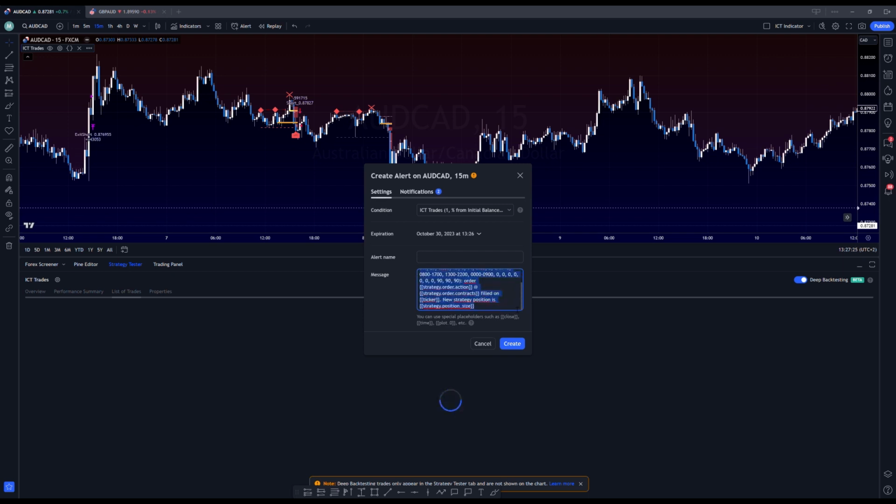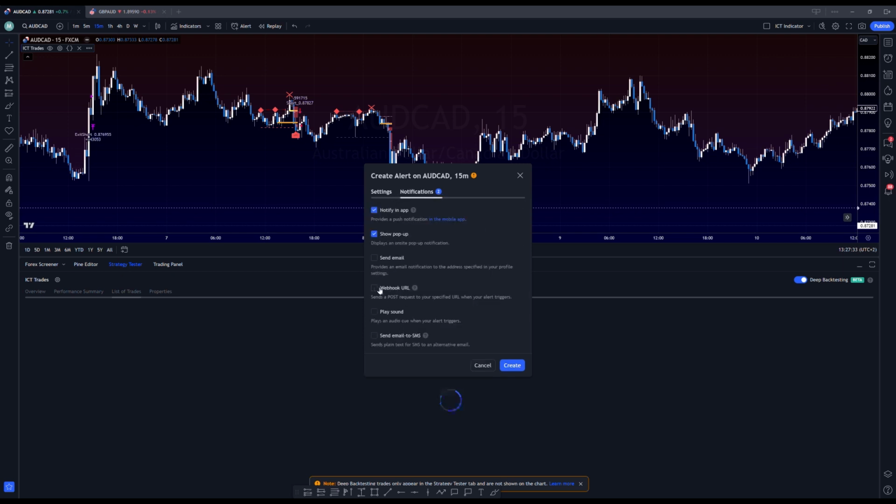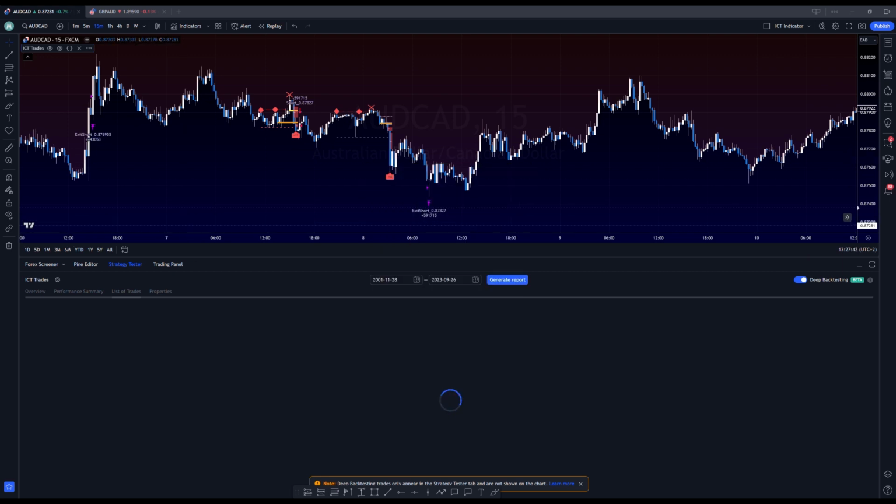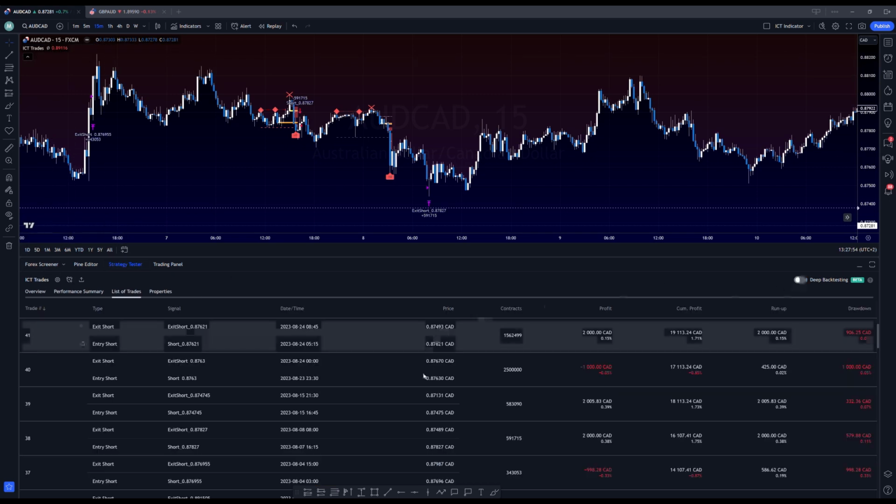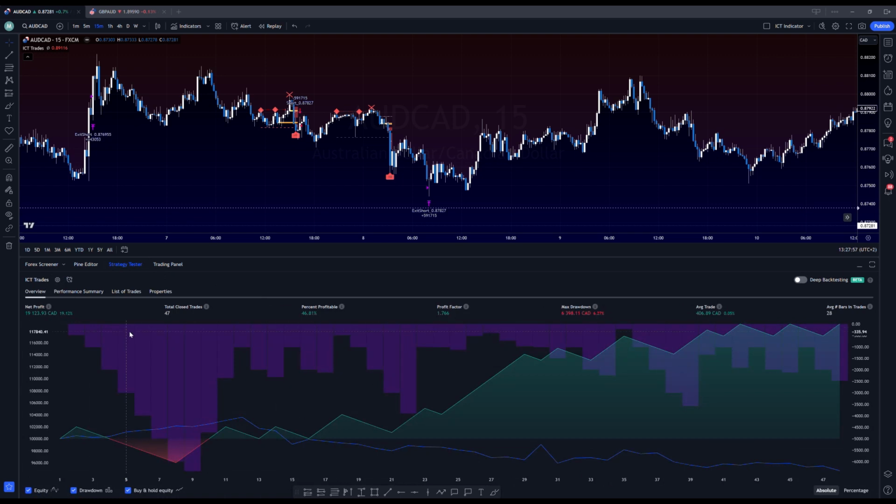In the message, you type this strategy order action contracts, and on the notifications you must fill this webhook URL, and you can create your custom trading bot. So this is possible.